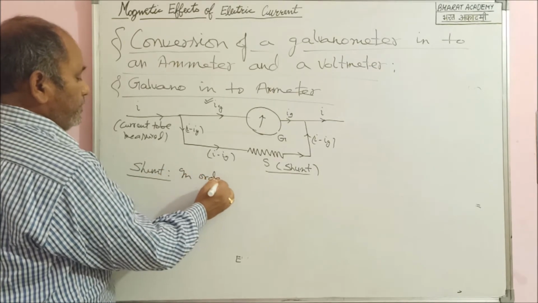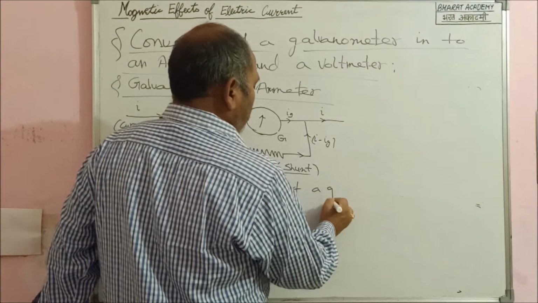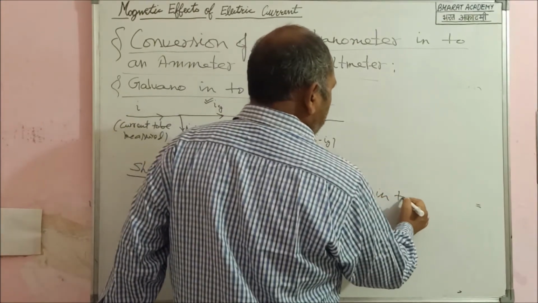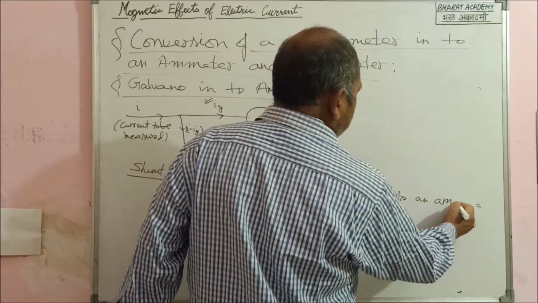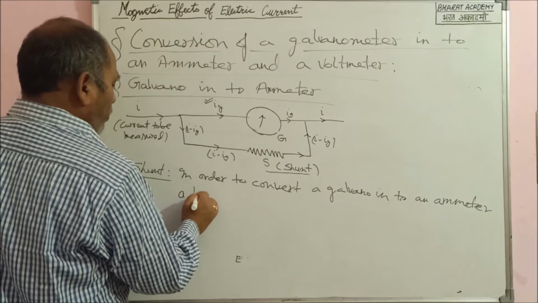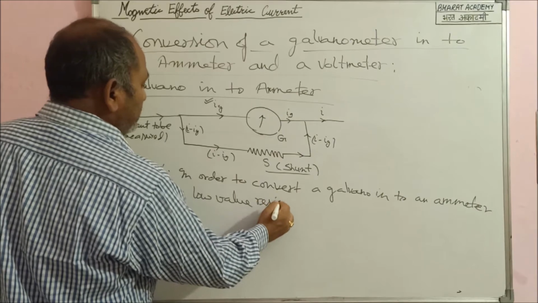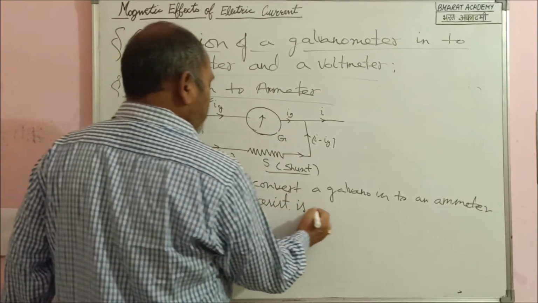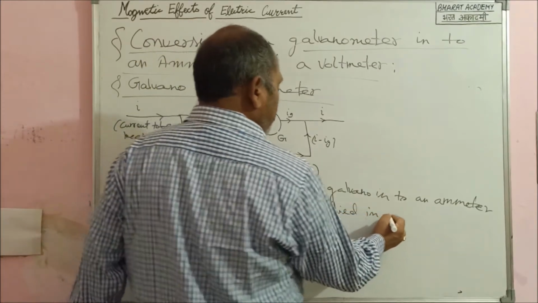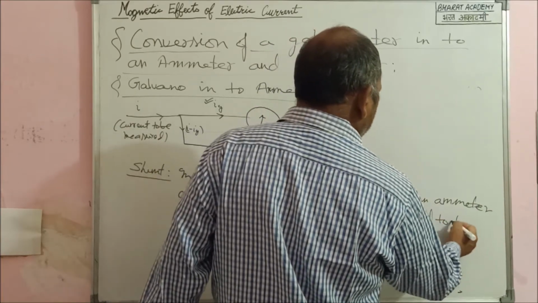In order to convert a galvano into an ammeter, a low value resistance is applied in parallel combination, parallel to the galvano.